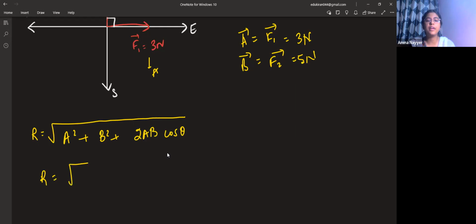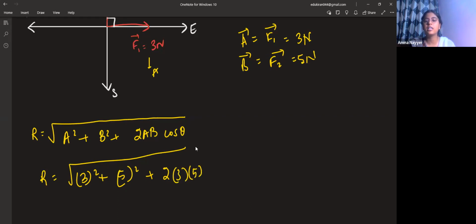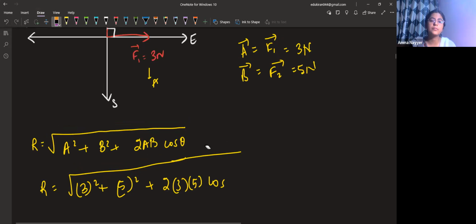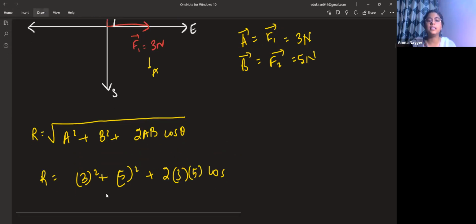See, vector A, I have already written, this is 3 square plus vector B, this is 5 square plus 2 into vector A is 3, vector B is 5. Yes, Martin, what is the value of theta that I should put? 90. 90 degree, very good. Value of theta will be 90 degree.